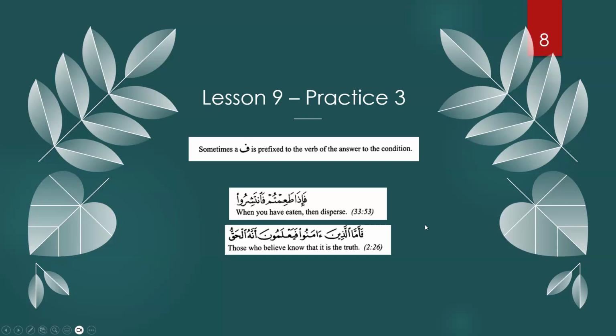It's present. They believe. It's female, male, plural. So it's plural. It is first person, second person, third person. What is it? Third person masculine plural.